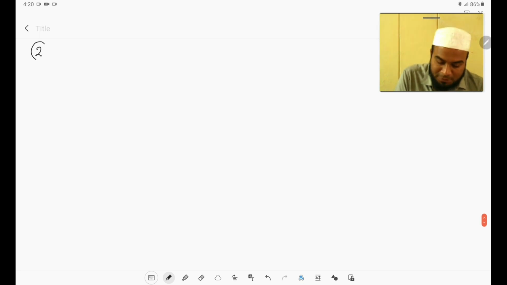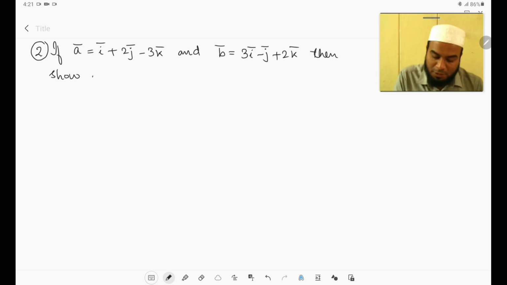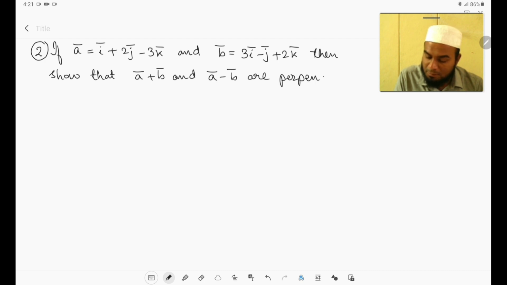The second problem is: if a bar equals i bar plus 2j bar minus 3k bar and b bar equals 3i bar minus j bar plus 2k bar, then show that a bar plus b bar and a bar minus b bar are perpendicular to each other.